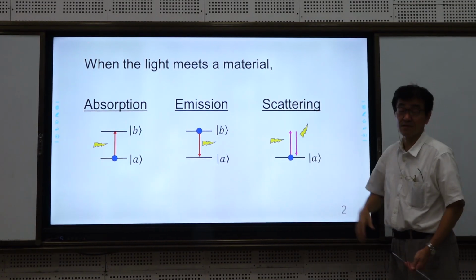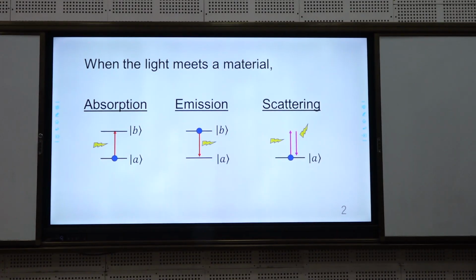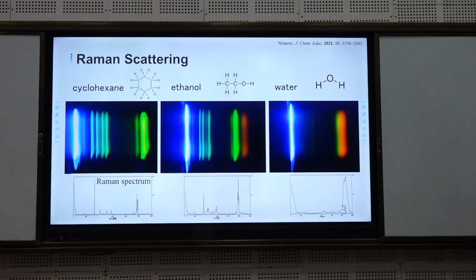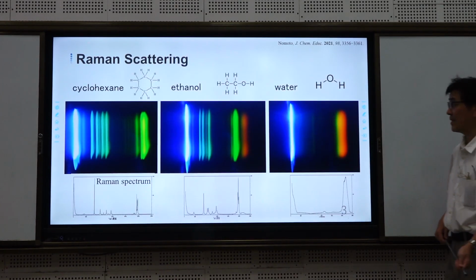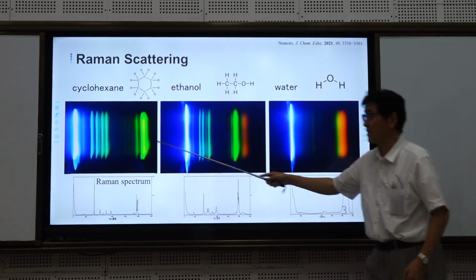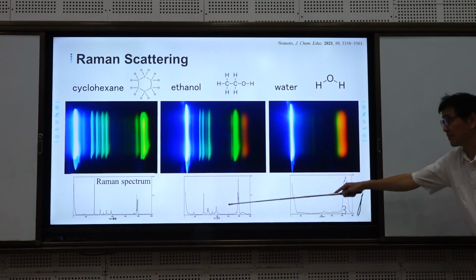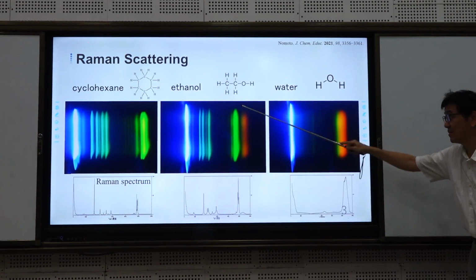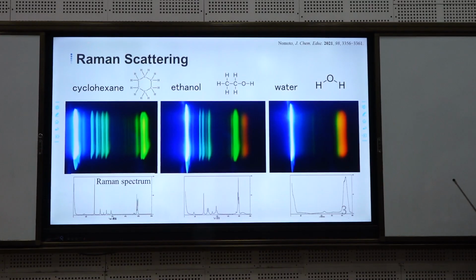We have learned how to utilize scattering for molecular structure analysis. You may remember this figure. The intensity pattern of the Raman scattering is intrinsic to each compound, so this is the so-called molecular fingerprint.